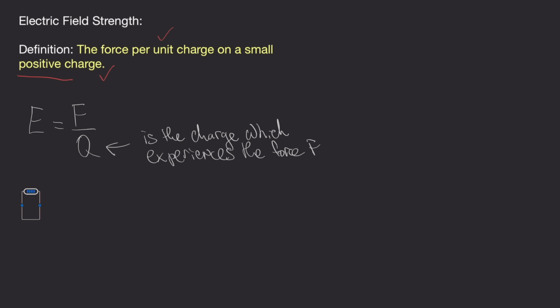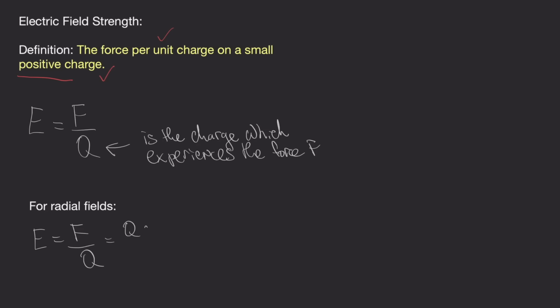Another really important equation is for radial fields. Since the electric field strength is equal to F divided by Q, if we remember, the electrical force is equal to Q1 Q2 over 4 pi epsilon naught r squared, and then we need to divide by Q, so we're doing 1 divided by Q, where Q is the charge that experiences the force.